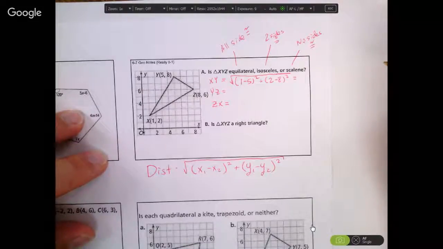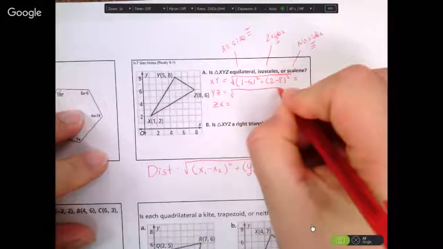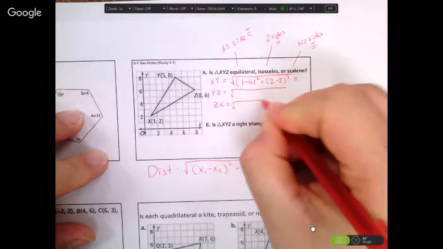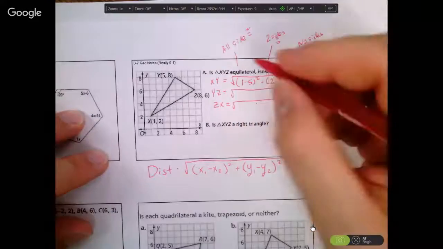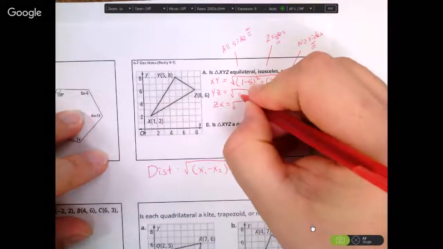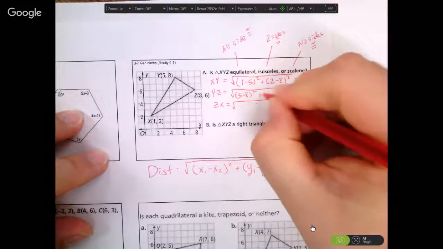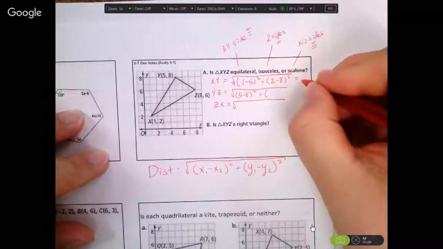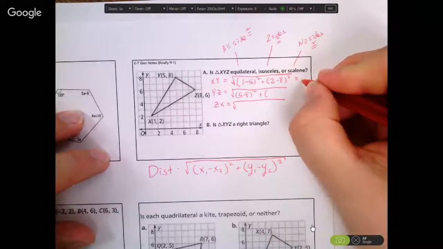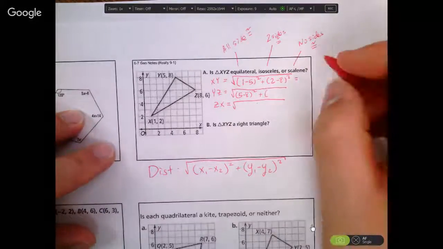Can somebody do the math under the square root for me? Oh yeah, sure. Can I use my pen for it? Yeah. 16 for the first. Square root of 16? Wait, no, wait. 16.